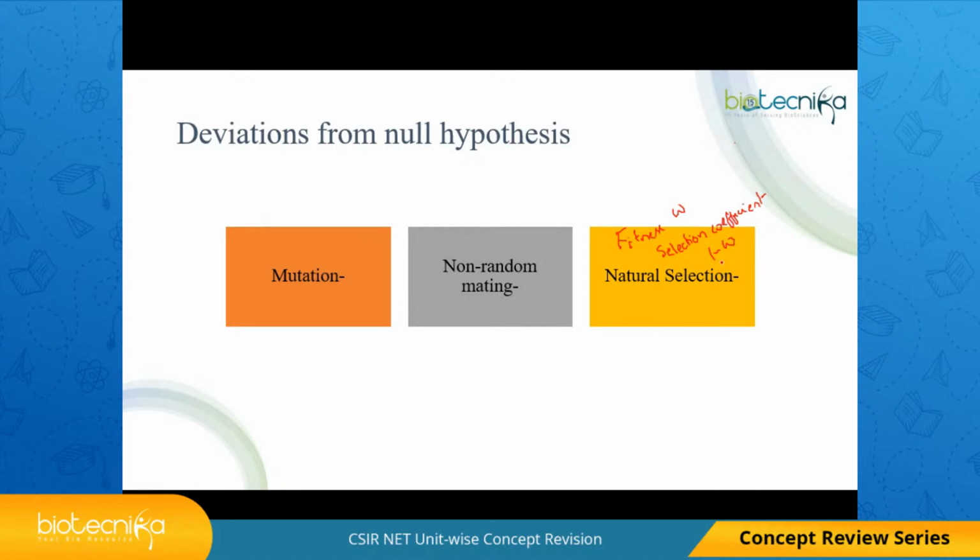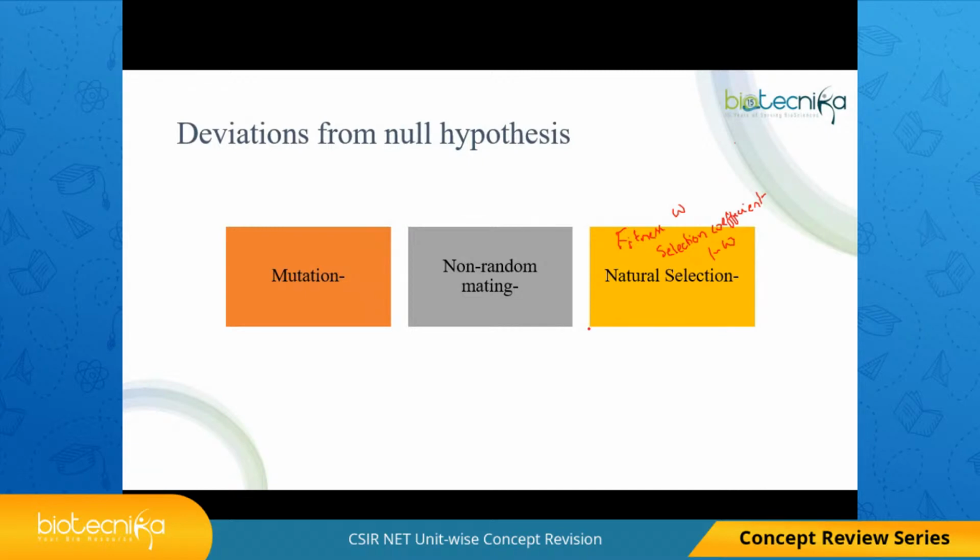Now, selection coefficient is simply determining how much you are against a particular genotype. So, if your selection coefficient is high for a particular genotype, it means that genotype is unfavorable. Okay. So, how to calculate my new allele frequency after natural selection?